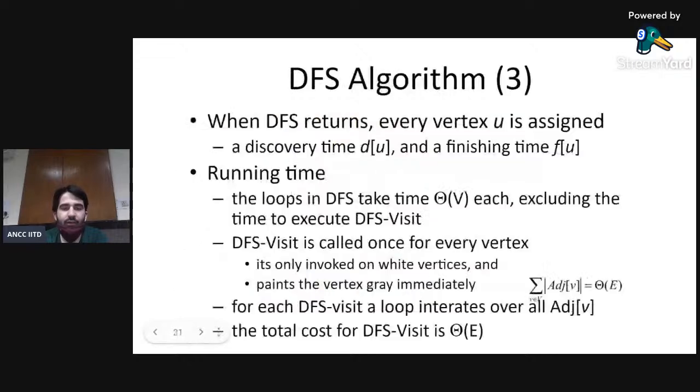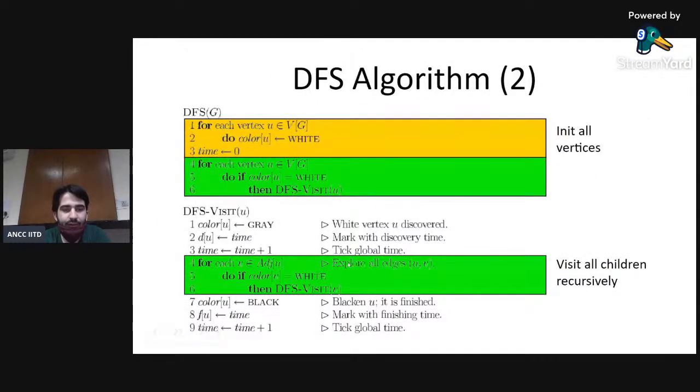Now DFS visit is called once for every vertex, because it is invoked on only white vertices and no vertex is colored white again. So it is called once for every vertex. And if you notice this for loop, for each vertex in adjacency, if color is white, then we visit V. So this for loop takes order of degree time.